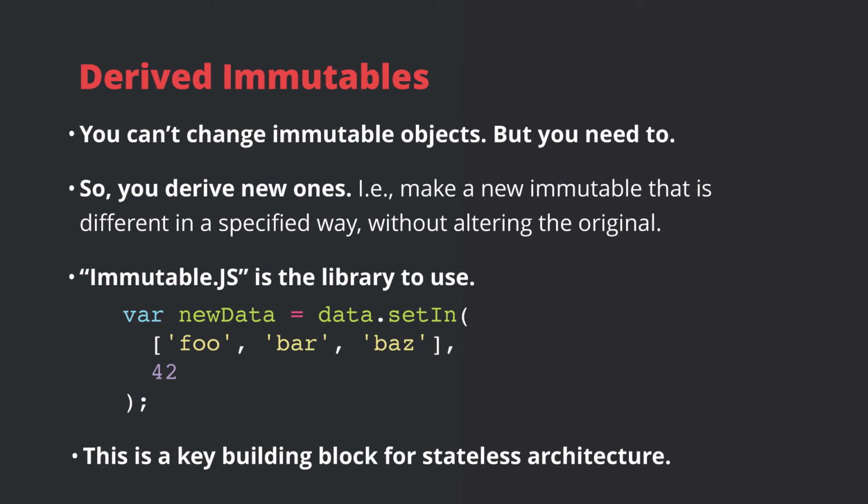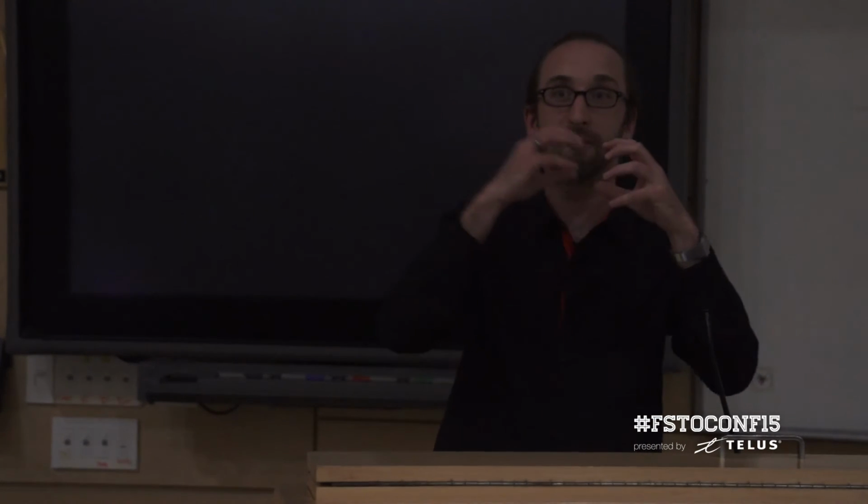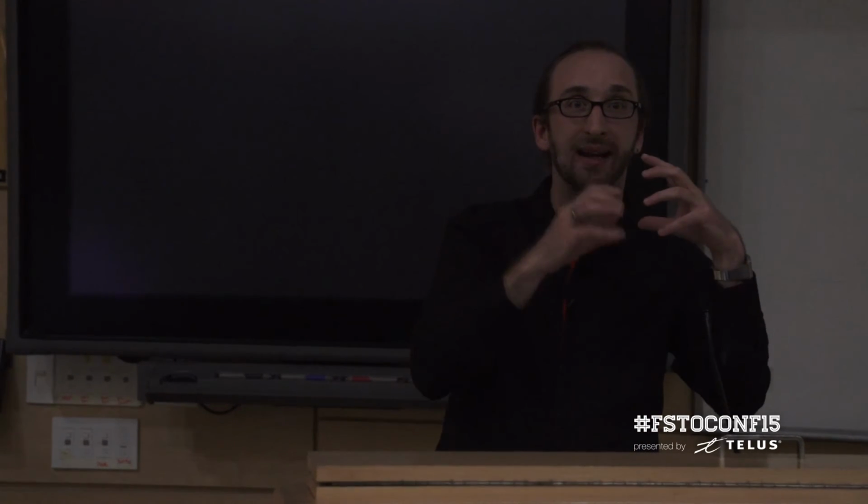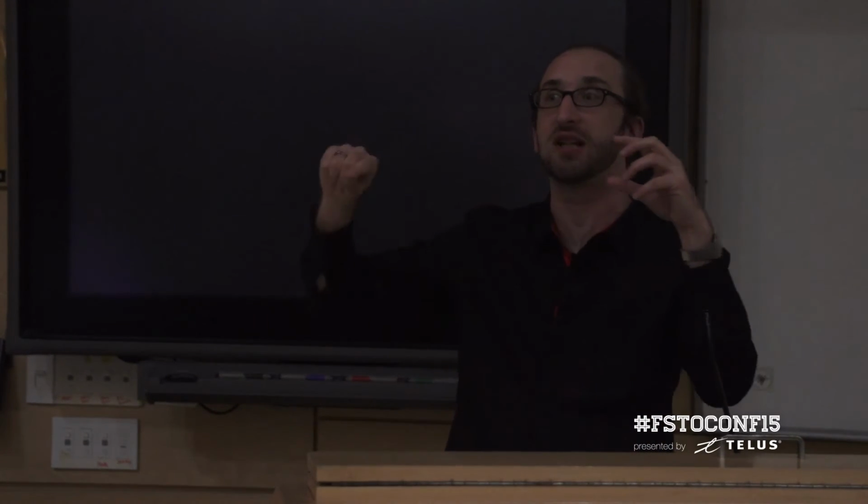So if that's what you want to do, then Immutable.js is the library to use. It's a library that allows you to efficiently create a frozen object that is unmodifiable directly, but from which variations can be derived very effectively.